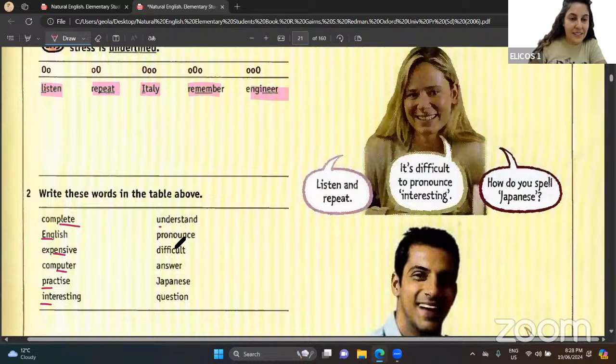So maybe understand. Pronounce. Difficult. Answer. Japanese. Question. Yep. So always push that. Most of them, if they are in the beginning, it's because it's a language.